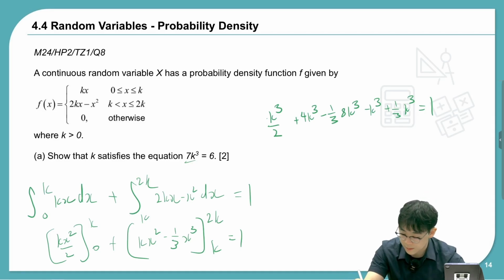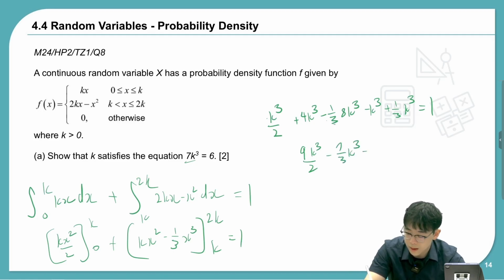So let's add everything up. We would get 9k cubed over 2 for the first two, and then negative 8 over 3, so negative 7 over 3 k cubed, and then negative k cubed is 1.